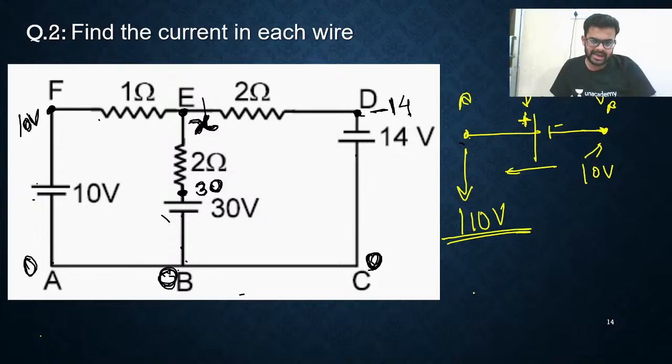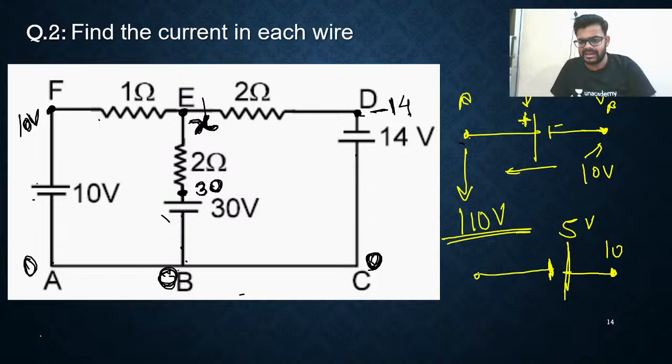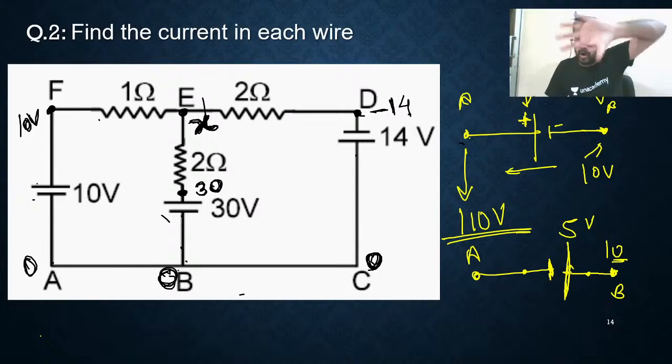Remember that. Next, if you are getting 10 volt here, and the cell is added like this, now this is of 5 volt, and here is point A. B has potential 10 volt. You need to find the potential at A. You are going this side, this is 10 volt, here 10 volt. Here you come, the cell is in opposite polarity.